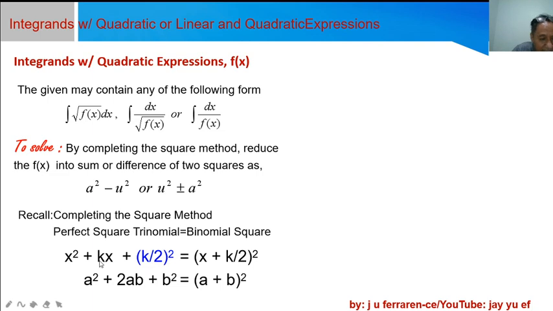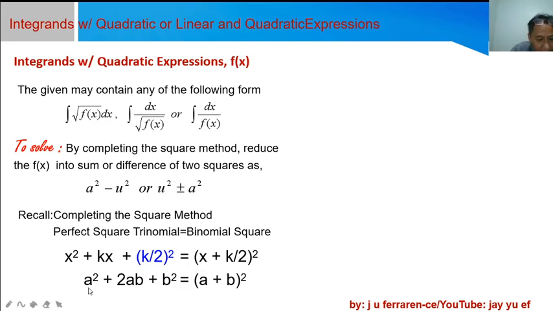If my constant coefficient here is k, you divide k by 2 and then you take the square. This is now a perfect square trinomial where I can have a binomial square, which is x added with k over 2, and this is put into square.